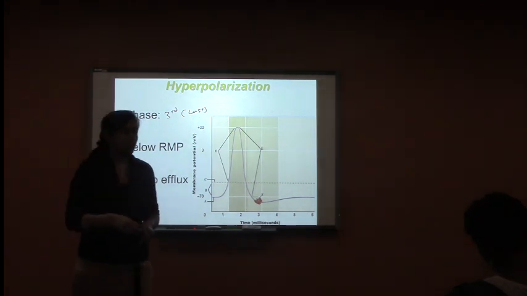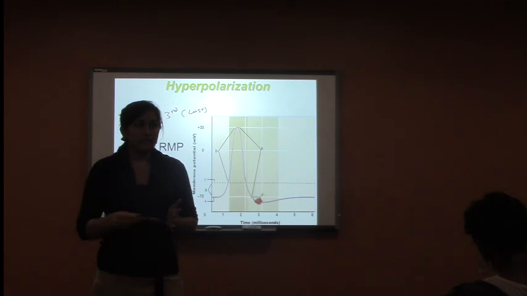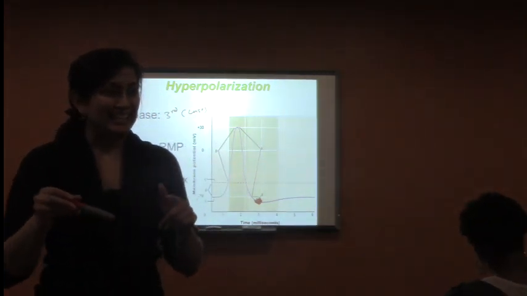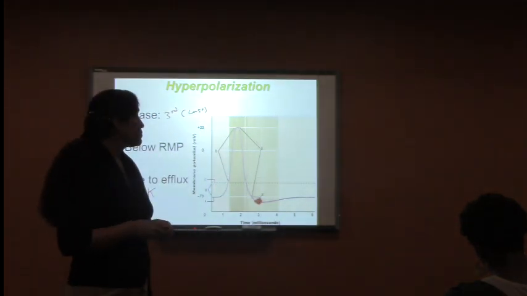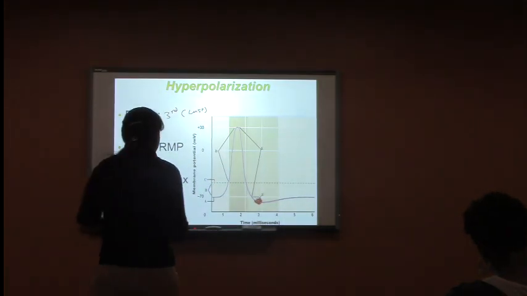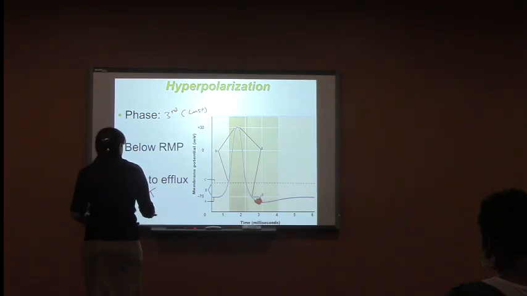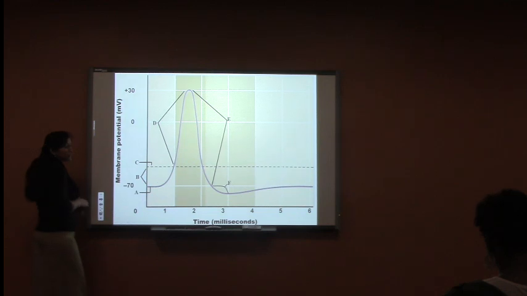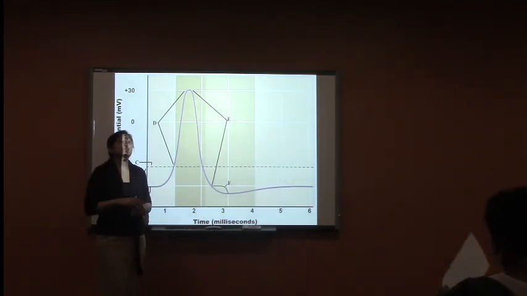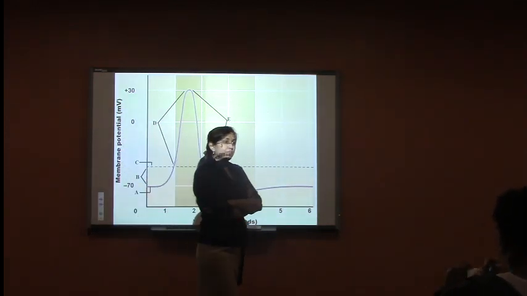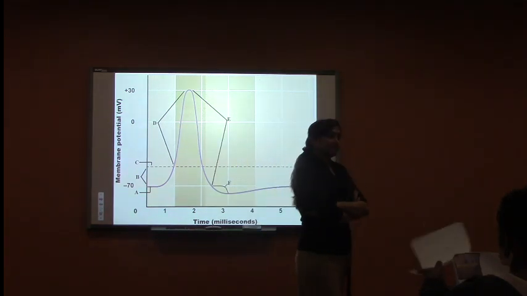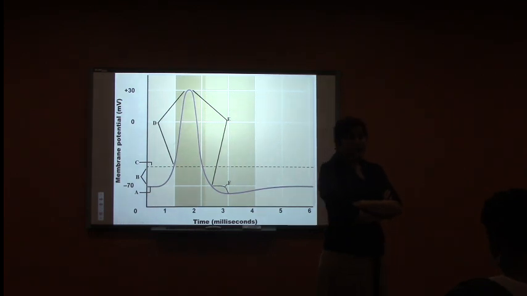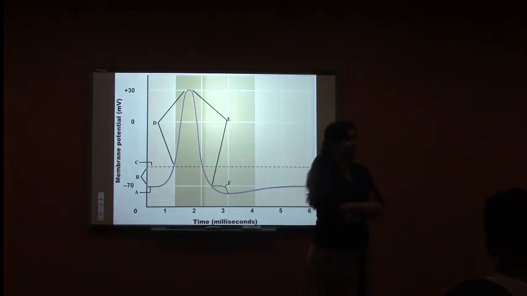Influx means entry. Influx, coming in. Efflux, exiting. And it's due to potassium. Any questions so far? So repolarization and hyperpolarization are both due to the efflux of potassium? Yes, both are due to efflux of potassium.